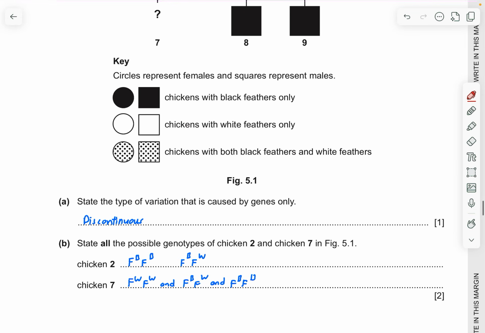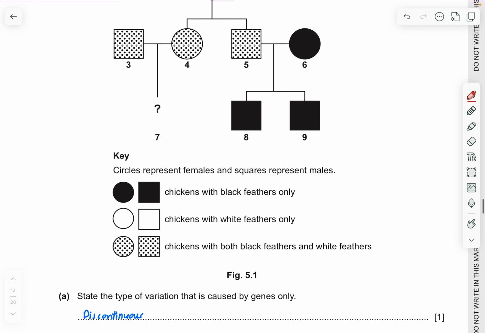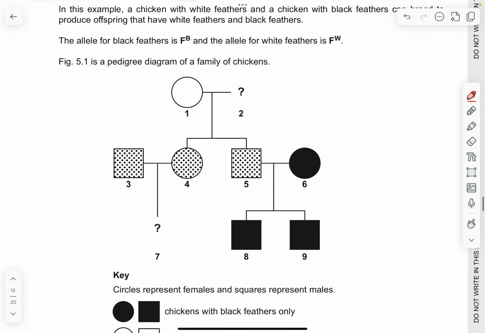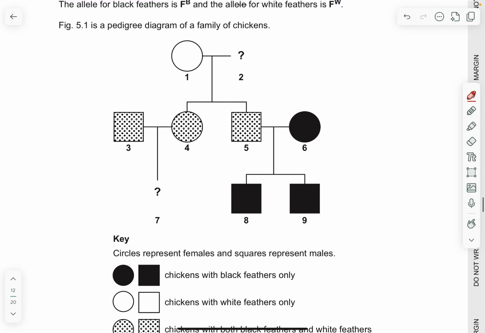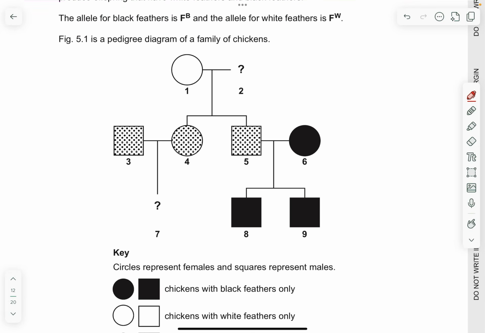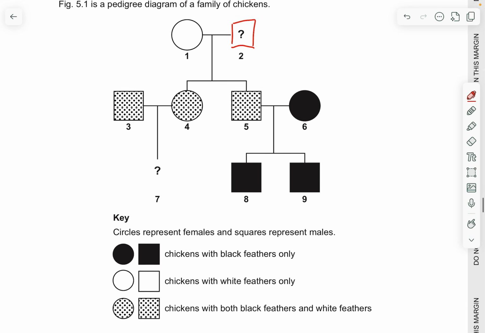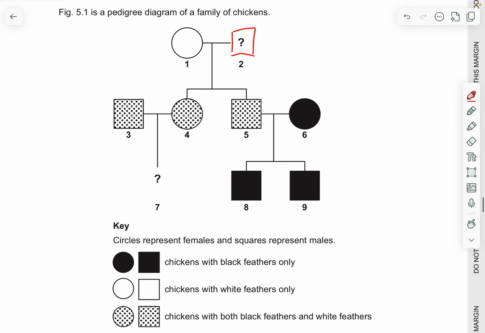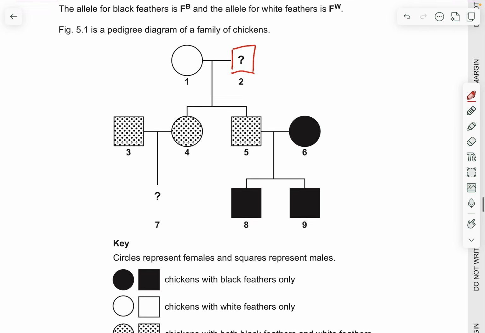So state all the possible genotypes of chicken 2 and chicken 7 in figure 5.1. In chicken 2, they've given you a secret, which we do not know. So what can we expect for chicken 2? Remember, this should be a male, but we do not know which. But what you can see is that they have given you both black and white offspring, and the one that shows black.